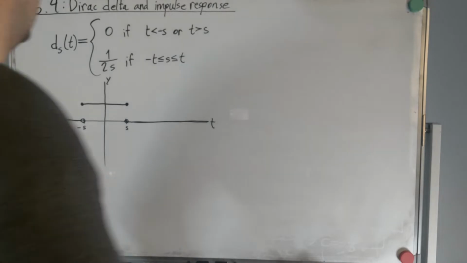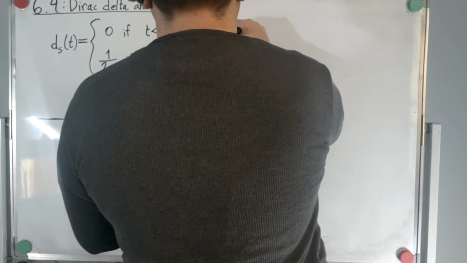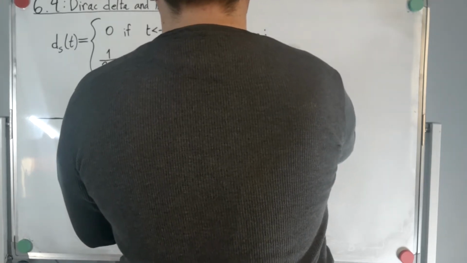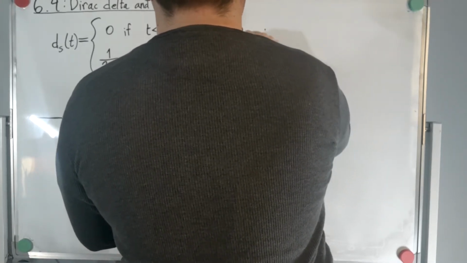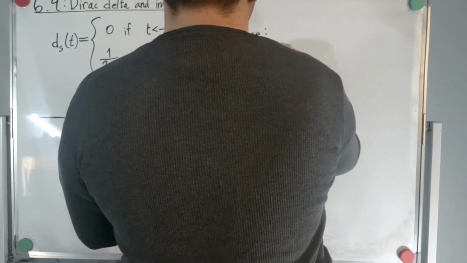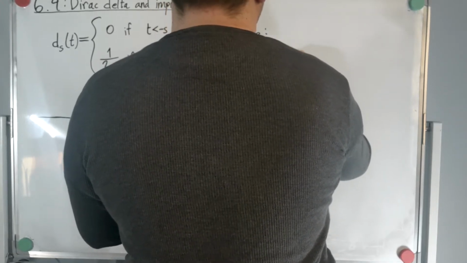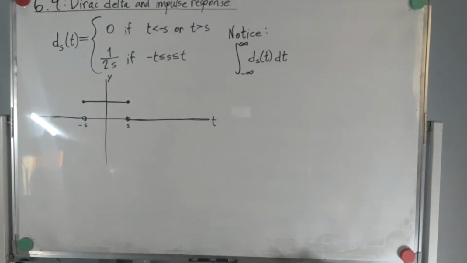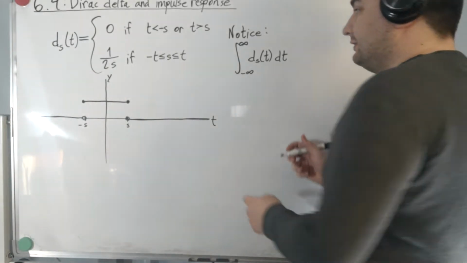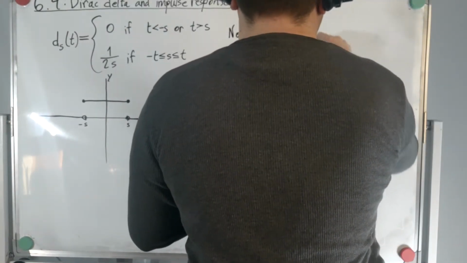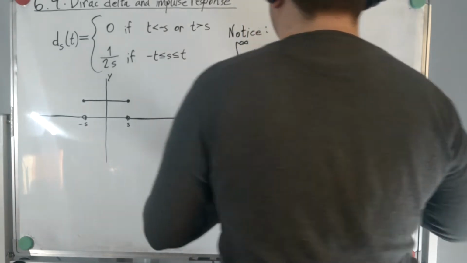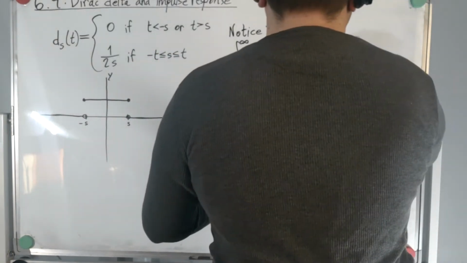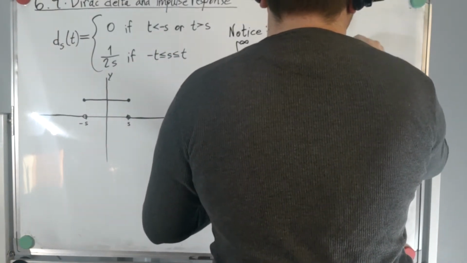So let's notice the integral from negative infinity to positive infinity of d_s with respect to t. Well, first of all, it's 0 everywhere that's not between negative s and s, so we can just rewrite this as the integral from negative s to s of 1 over 2s dt.